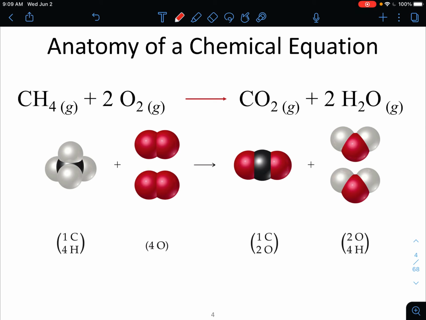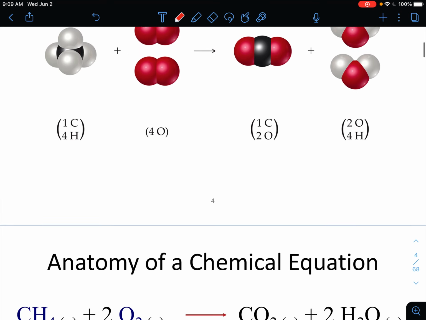The numbers out front are coefficients, and the numbers that are subscripts after a particular atom, those are just called subscripts. So if it's out in front, it applies to the entire molecule that follows it. If it's a subscript, it just applies to the atom that it comes right after.